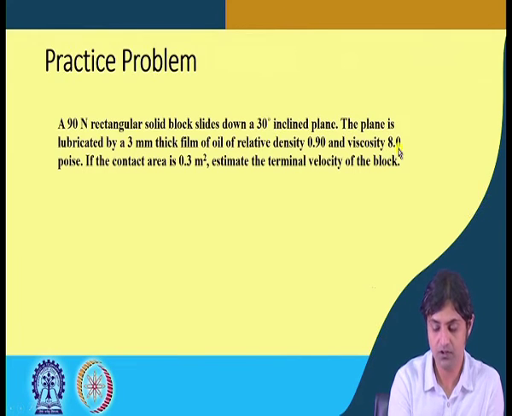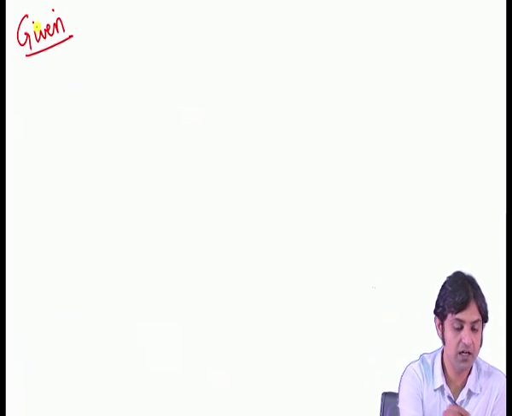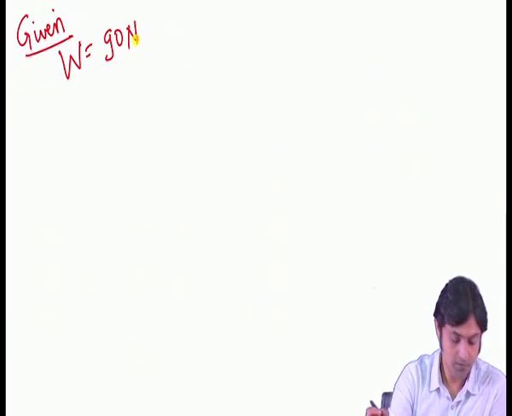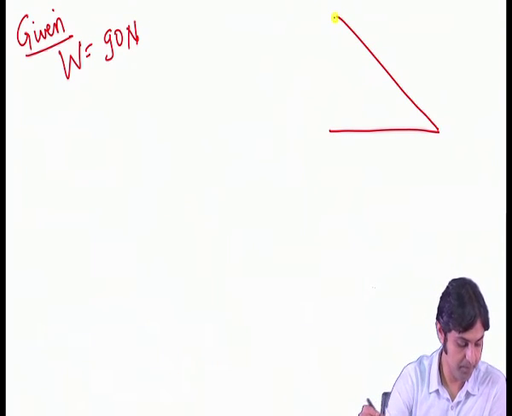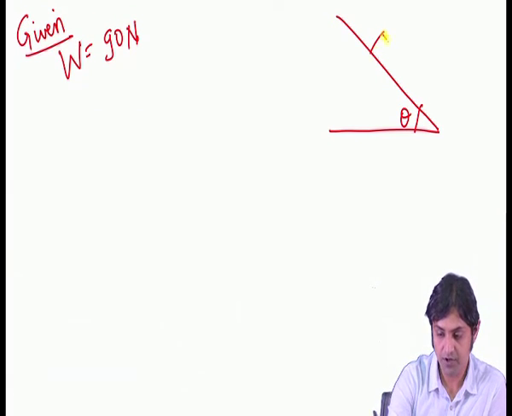Now let's actually start solving this problem. So we are going to the white screen again. As last time, it's important to always write down the things that are given. So we are given that the weight of the block is 90 Newton. One of the other things that we can do is have a rough diagram. This is theta and this is the block.